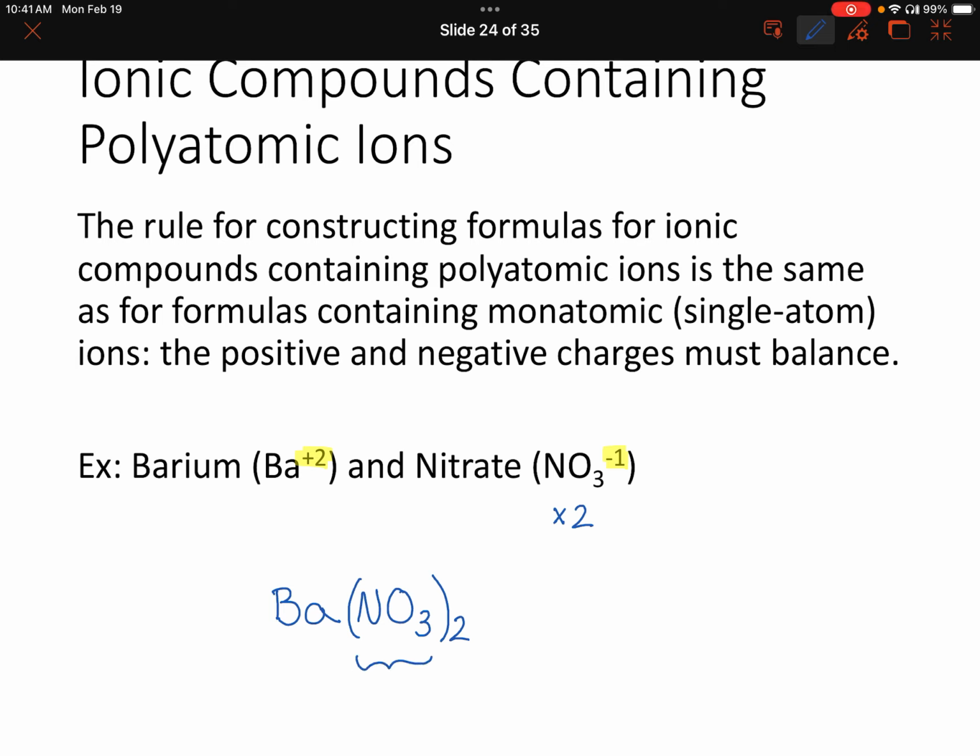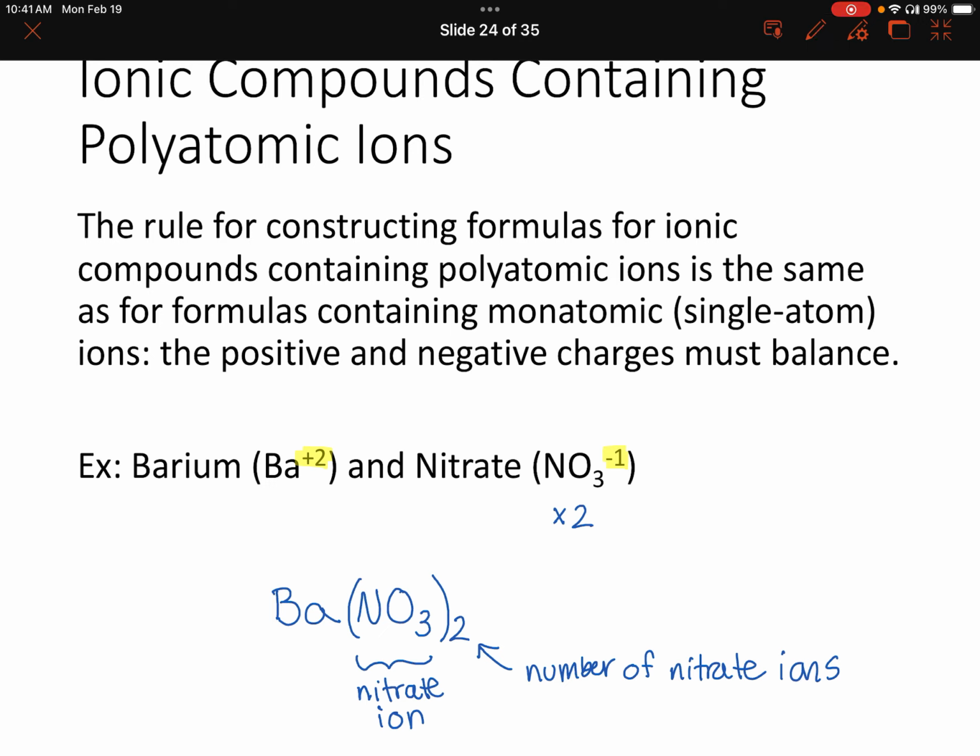So again, NO3 is our nitrate ion, and then the 2 tells us the number of nitrate ions. So again, if you have multiple polyatomic ions in your formula, put parentheses around it before you put your subscript in, because otherwise it'll look really confusing, like in this case where it looked like we had 32 oxygens.